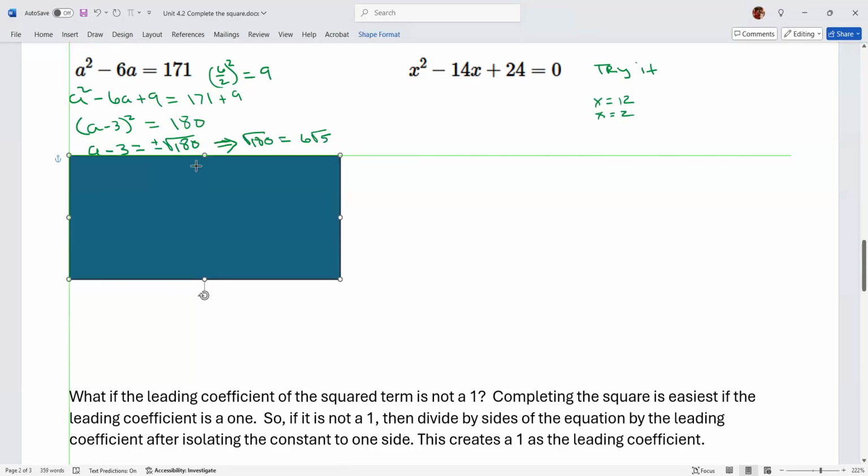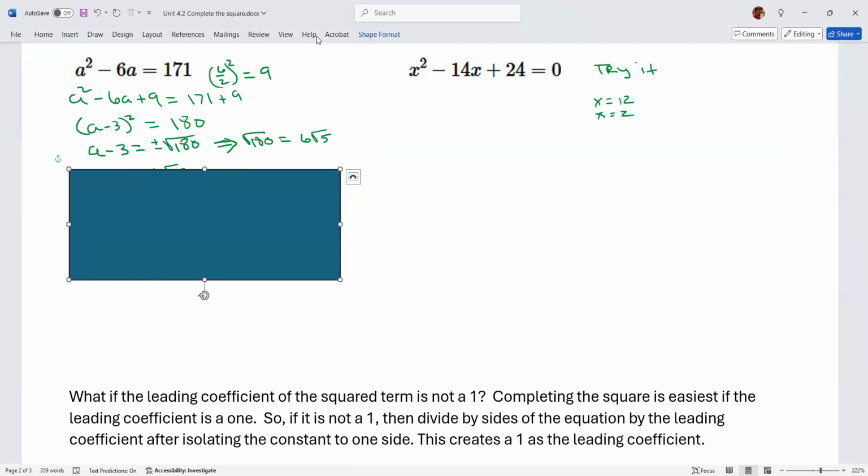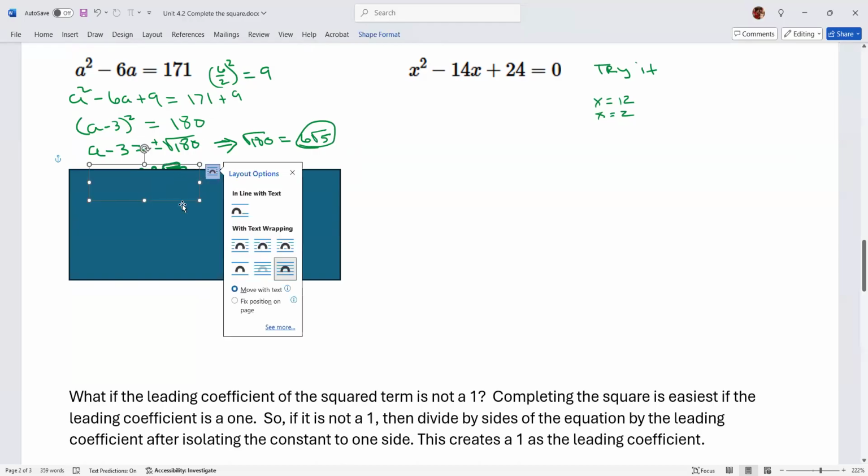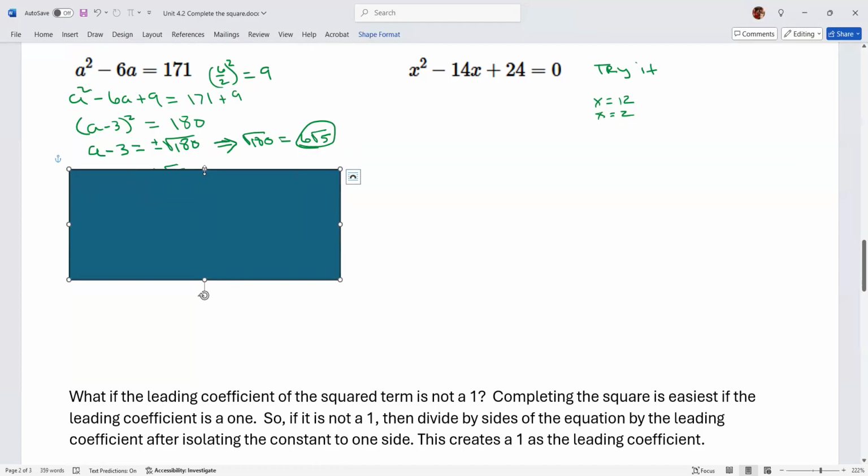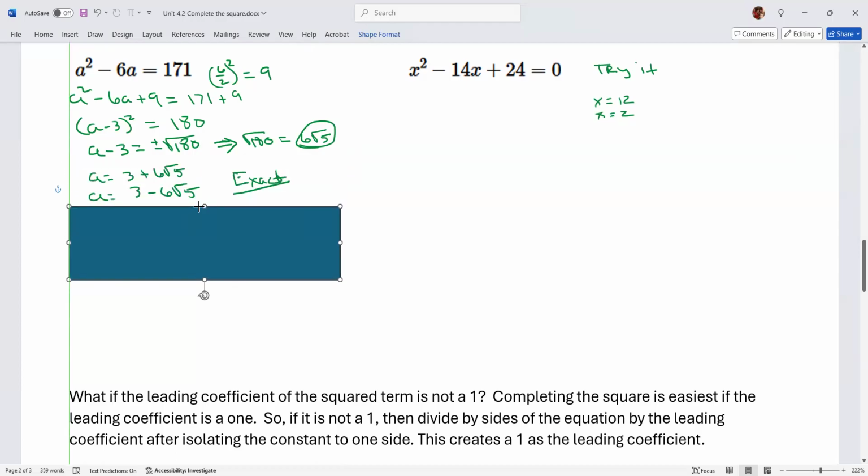Then I take the square root of both sides. That gives me x minus 3 is equal to plus or minus the square root of 180. And as in the previous problem, I'm not going to go through it again, but the square root of 180 simplifies to 6 square root of 5. And so when I then go ahead and add 3 to both sides, you can say I get 3 plus 6 square root of 5, 3 minus 6 square root of 5.